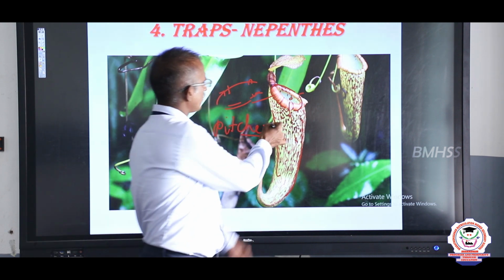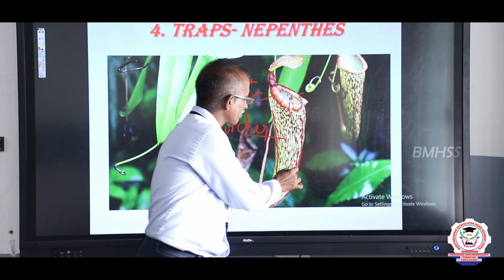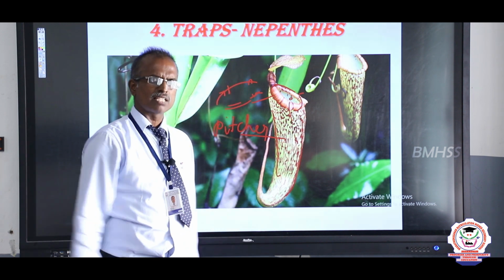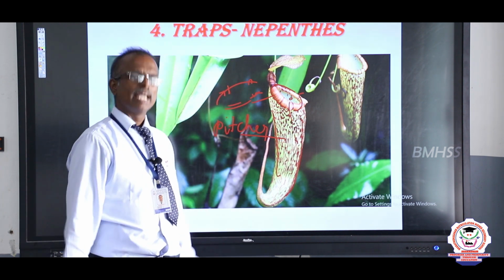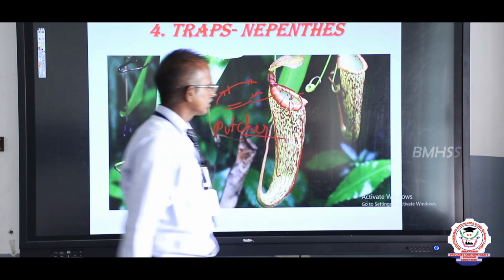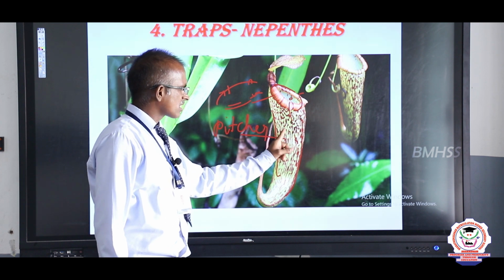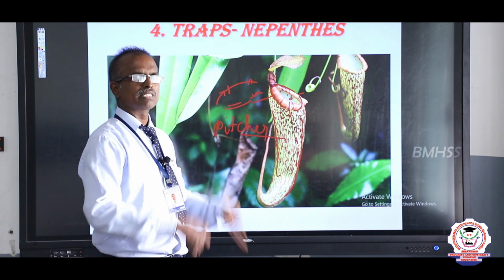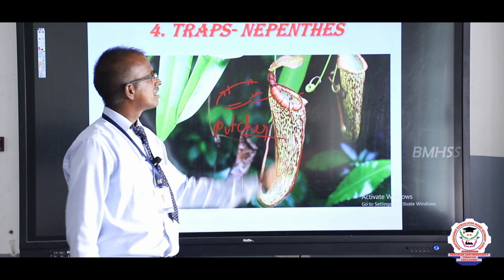The wall of the pitcher secretes digestive enzymes which help to digest the insect. From the digestion of the insect, the plant extracts nitrogen for its growth.